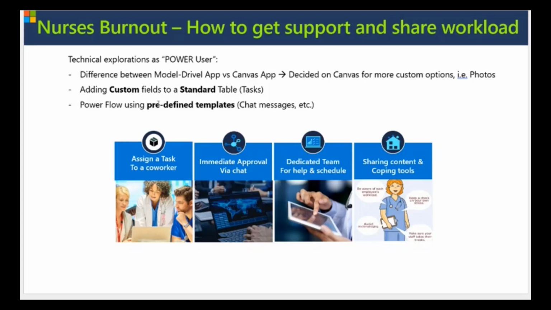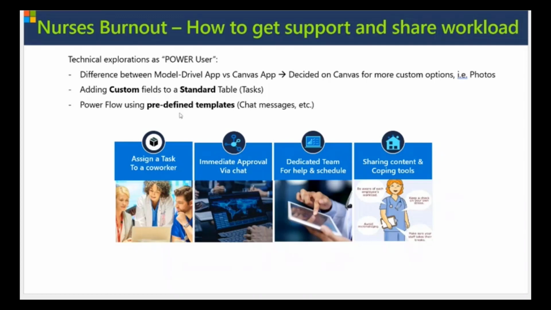So our solution, you will see, is a list of tasks that we already have, where the nurse is going to assign. If the nurse feels super overwhelmed, she can say, I need to assign this task to someone else. I cannot do it. Another issue you will see in the challenge is that many times the approval of this task is too slow.